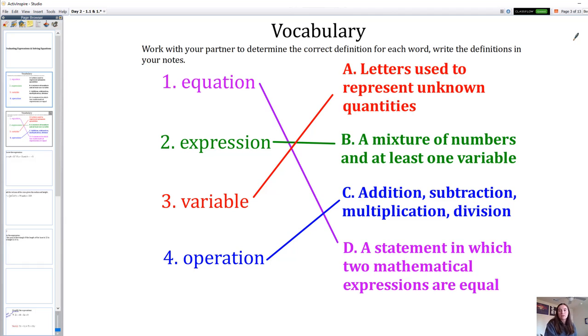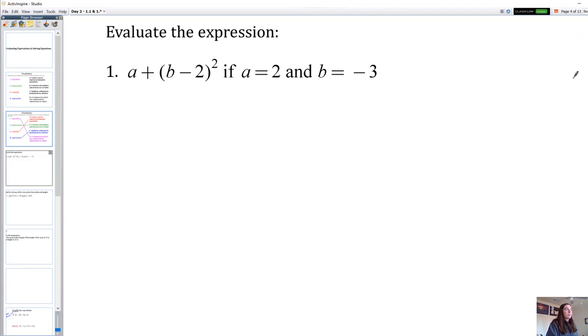So now that we have a decent understanding of the vocabulary, let's use it. So we've got this expression that we need to evaluate. A plus the quantity b minus 2 squared, where we know a is equal to 2 and b is equal to negative 3. So when it says to evaluate an expression, we're going to try and figure out what this number, what this answer comes out to be.